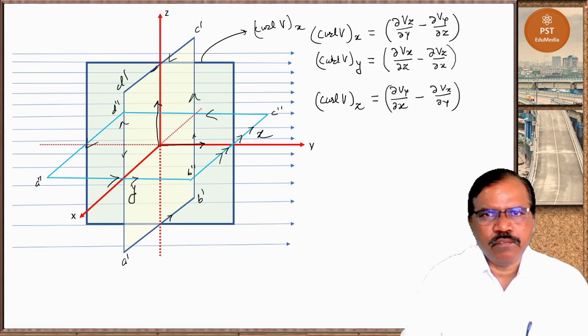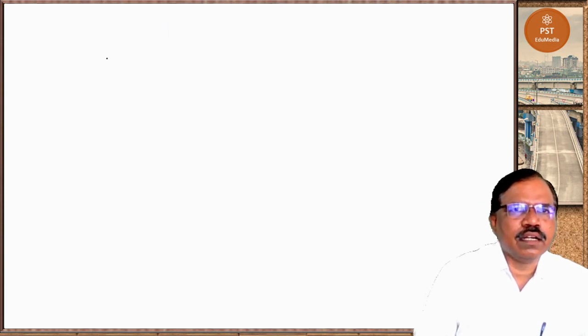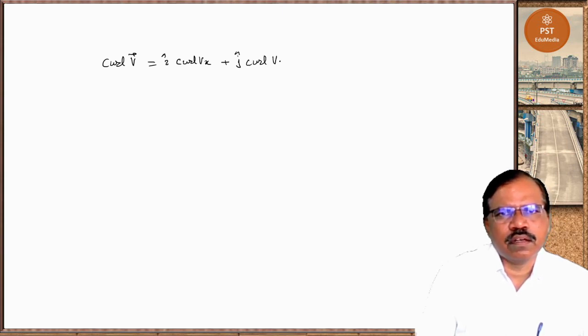Now curl V along X, curl V along Y, curl V along Z. So we can write curl V. It is i times curl Vx plus j times curl Vy plus k times curl Vz.